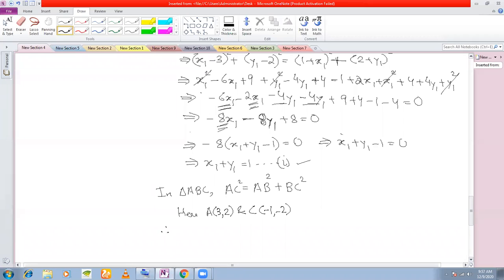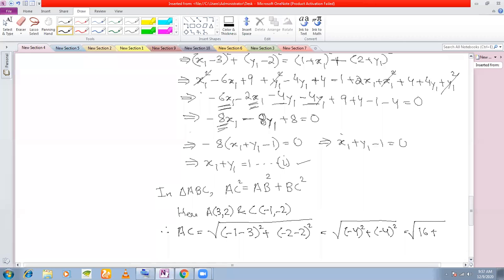Okay, so therefore AC here is root over of minus 1 minus 3 square plus minus 2 minus 2 square, which is root over of minus 4 square plus minus 4 square, which is root over of 16 plus 16, which is root 32.